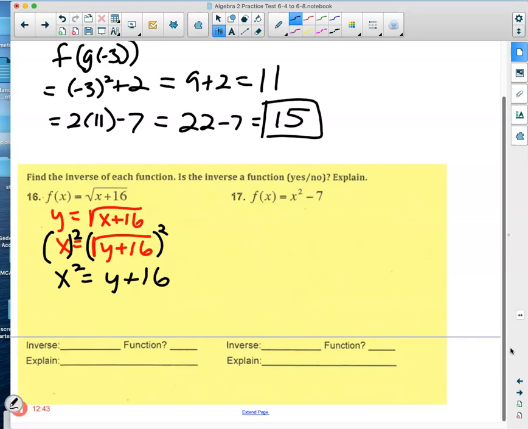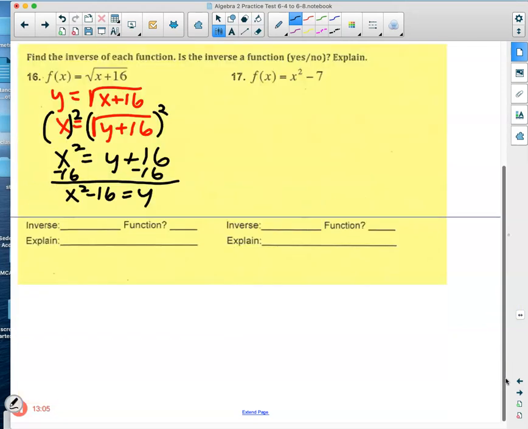So that wasn't so hard. Almost done. What's left? Subtract 16 from both sides. Now, they did have a fancy function name, so really we probably should write f inverse. Does everybody remember how to write that f inverse piece?